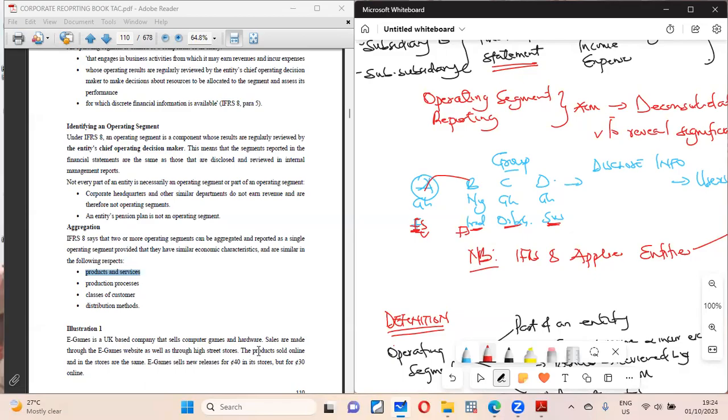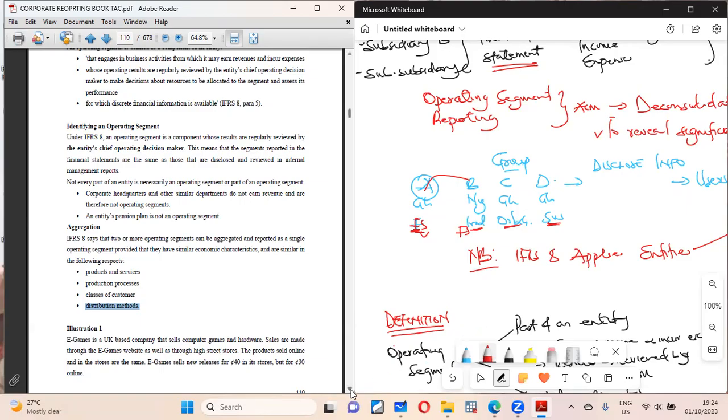You can do that only if their production processes are the same, their classes of customer are the same, and their distribution model is also the same. If that happens, then you can use aggregation to combine similar entities as one operating segment.